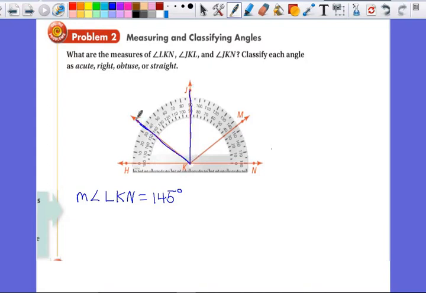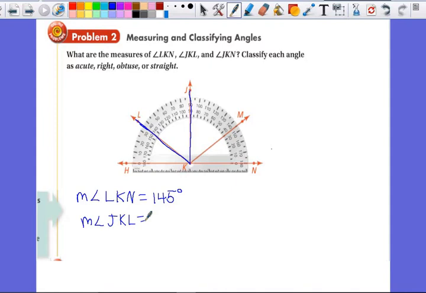Now, you'll notice with this one, it does not actually start at 0. So if we're trying to find the measure of angle JKL, we have to do a little bit of math here. With this one, we can use the inside or the outside track. It doesn't matter. If you notice, the smaller numbers are on the outside track, so it's a little bit easier to use those. So that's what I'm going to use.